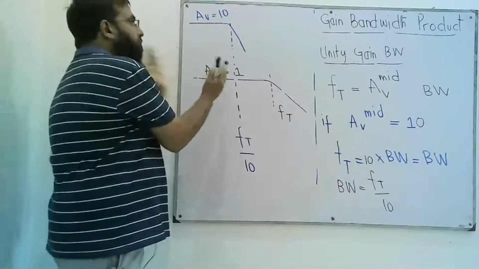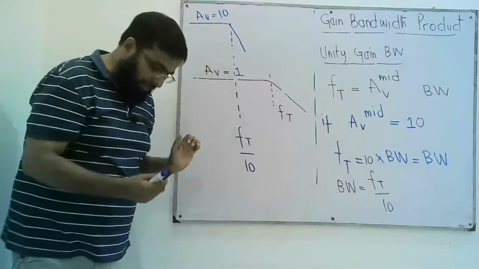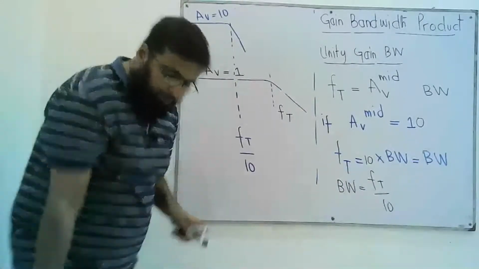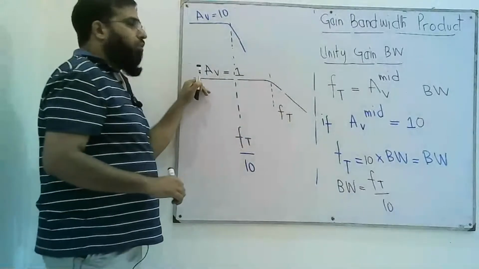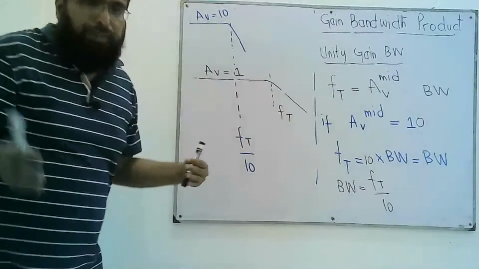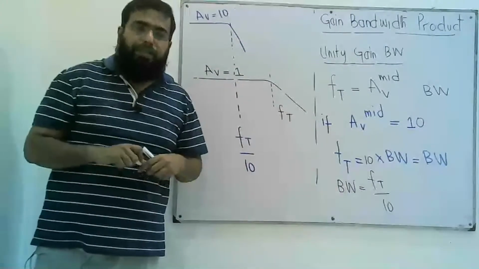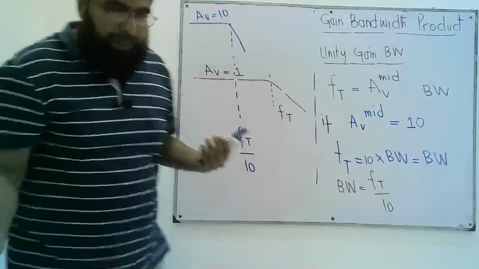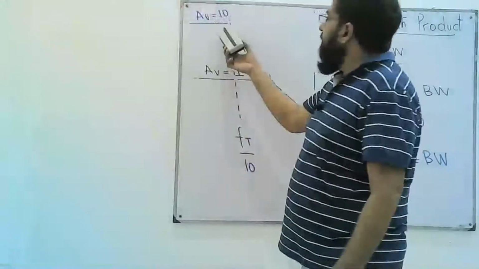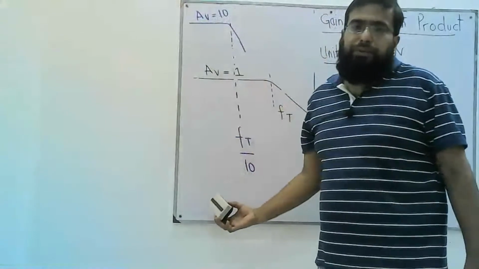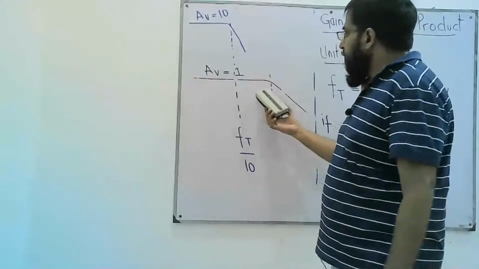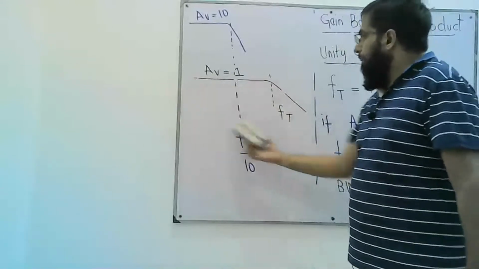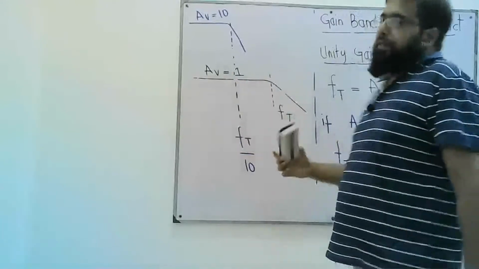We have to work with a smaller range of frequencies. But if we want our bandwidth to be large, we have to compromise on gain. The product has to be the same. Sometimes you need amplifiers with higher gain, so you compromise on the bandwidth, the range of frequencies. But if you don't want to compromise on the bandwidth, you have to compromise the gain.